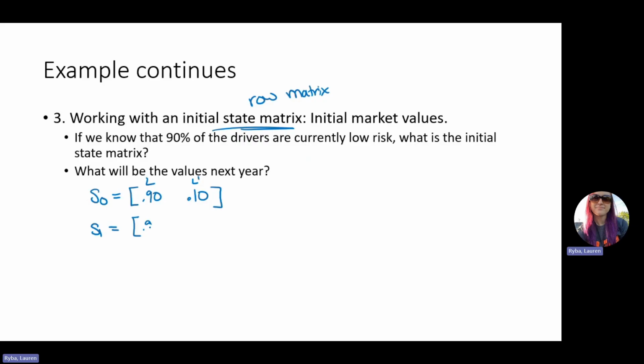I take my initial matrix, and I'm going to times it by the transition matrix we just wrote on the previous page. So anytime you want to find what happens, you're going to multiply your state matrix by your transition matrix. It's going to give you a next state matrix.